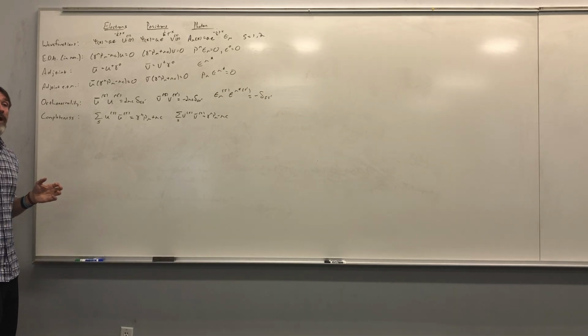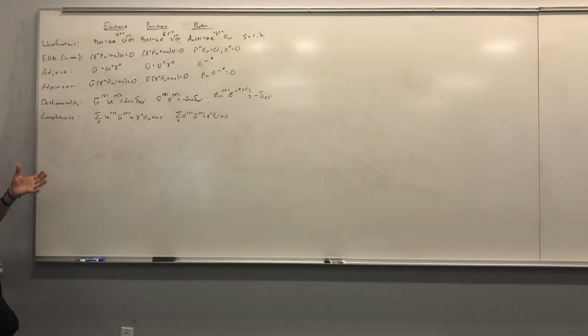You want to do calculations that give you the number that you want to compare to experiment. I mean, you can calculate anything you want, but calculating numbers that they actually measure in a lab is a more fruitful enterprise. Now, here's the thing. When they do experiments in the lab, they normally send in particles without any polarization.